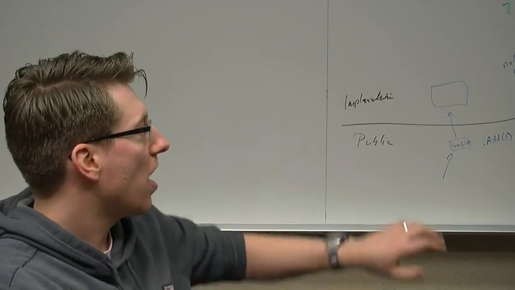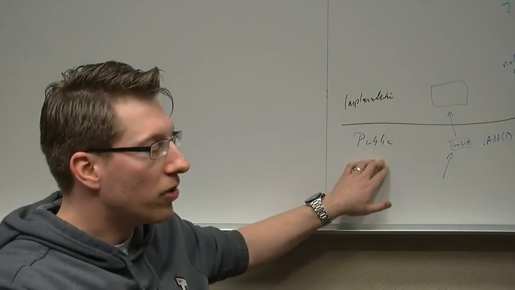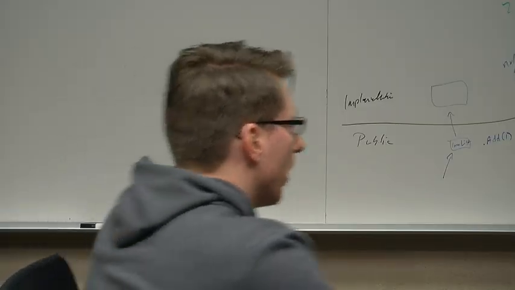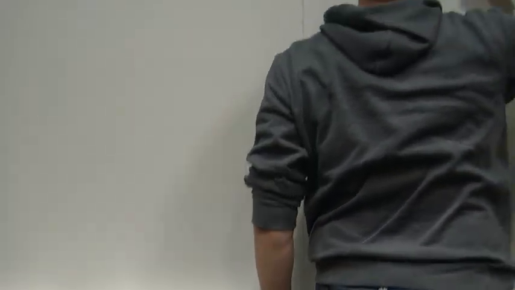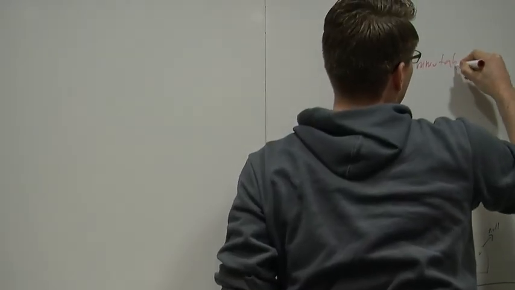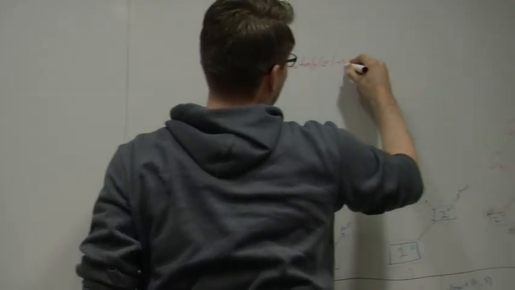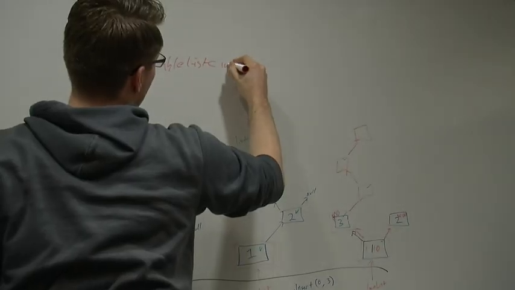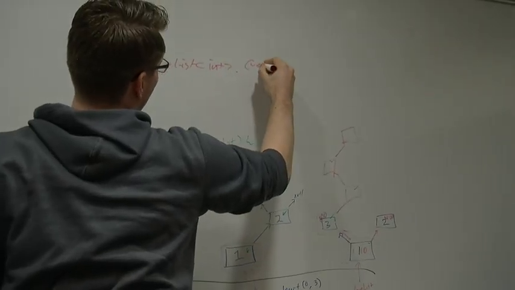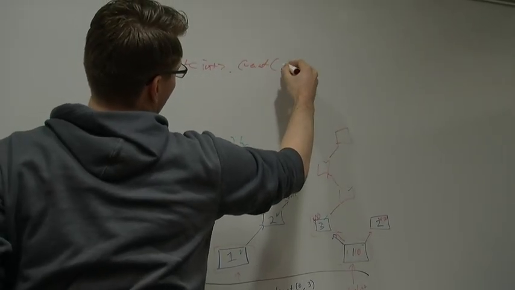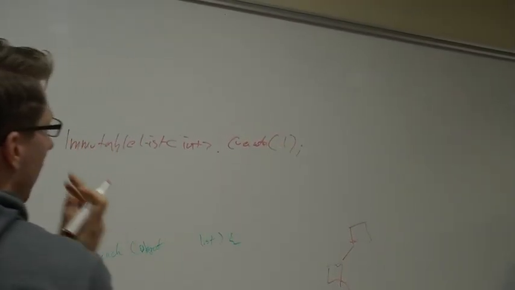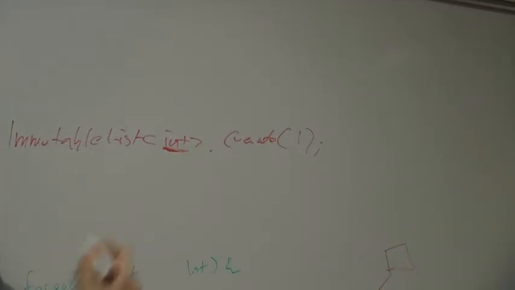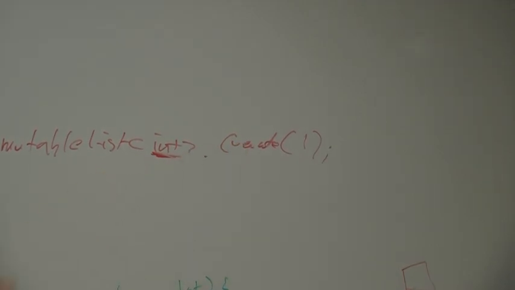Because the problem is that our types are generic. So you have basically code like this. Let's say you have a mutable list, and then you pass in the type, and then you say create, and then you can say 1, for example. The problem with that is that you have to specify the type because it's a method on a generic type.